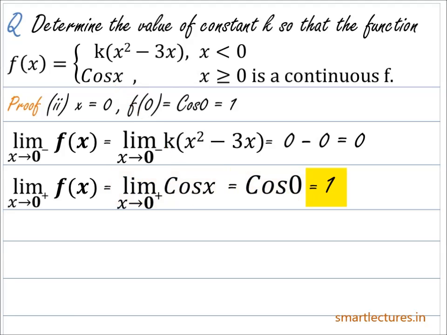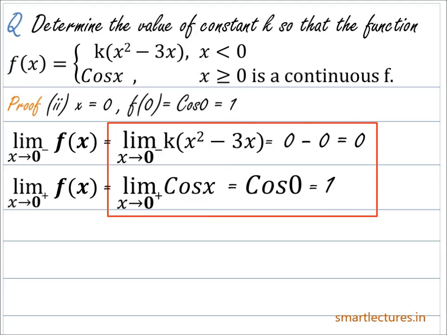Now at the point x equal to 0, its left hand limit is equal to 0 and the right hand limit is equal to 1. That means left hand limit is not equal to right hand limit, and which is a necessary condition for a function to be a continuous function.